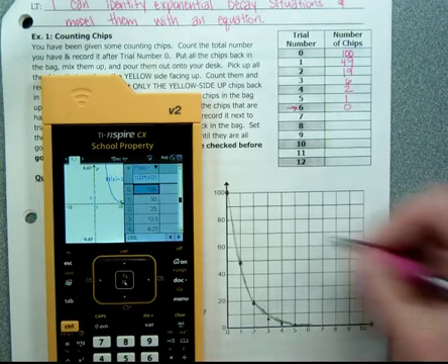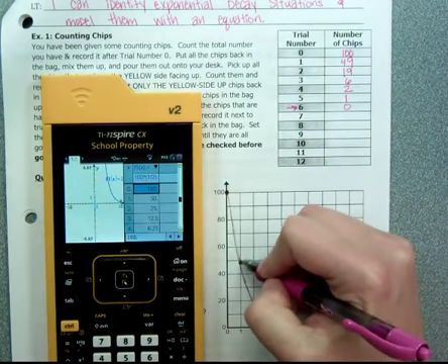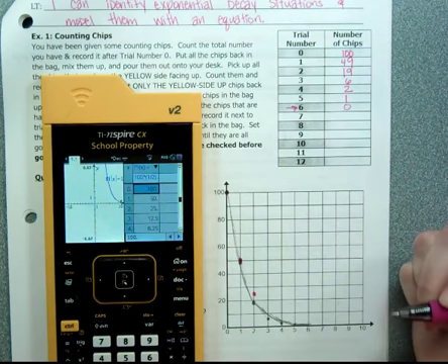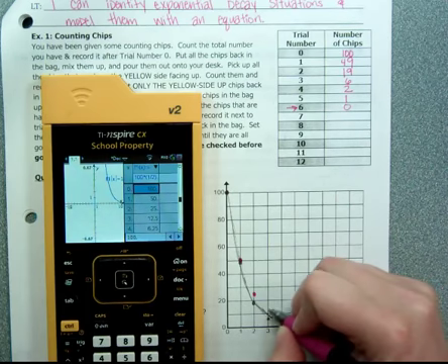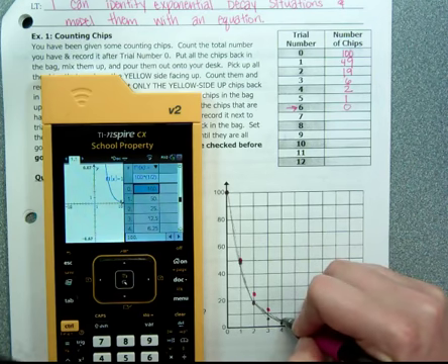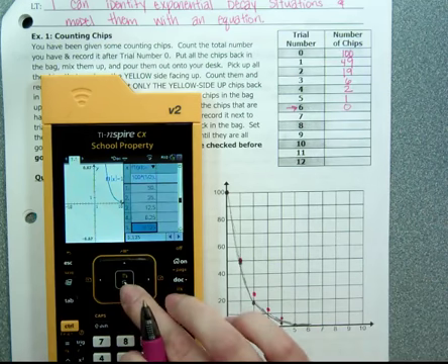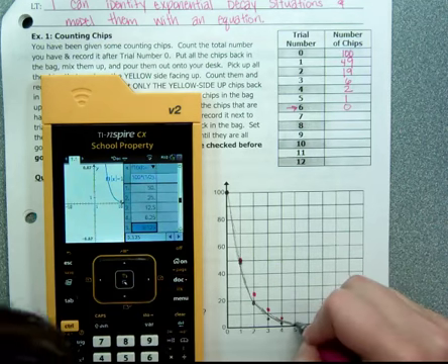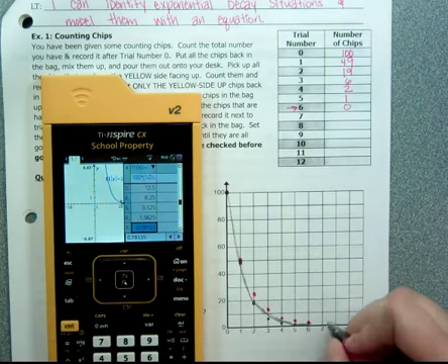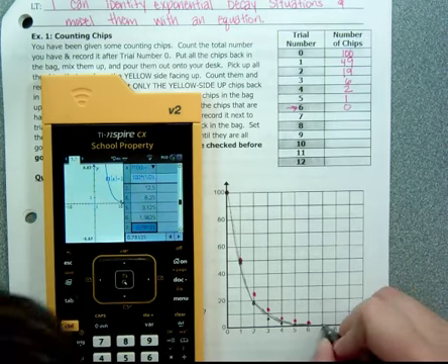All right, so I have the point 0, 100. Okay, that was the same in both. 1 should be 50, so we were just a little bit off. 2 should be 25. 3 should be 12.5. 4 should be 6.25. 5 should be at 3. 6, 1.5. 7, oh, we're getting down there. 8, 0.3. 9, 0.1. 10, 0.09.